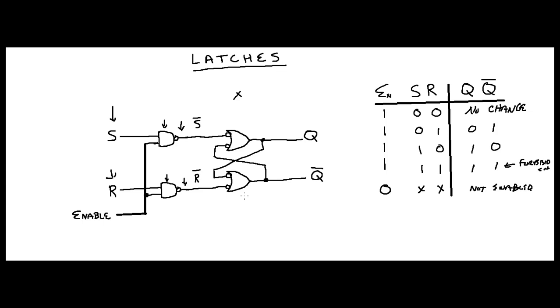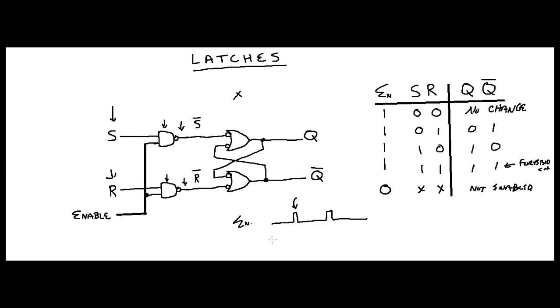Now, I want you to think about this. Suppose that you pulse that gate. In other words, if you go through time, you just have a little pulse there, ever so often. Think about your circuit. That means it's only going to look at the inputs of S and R at the time when your enable pulse is high.